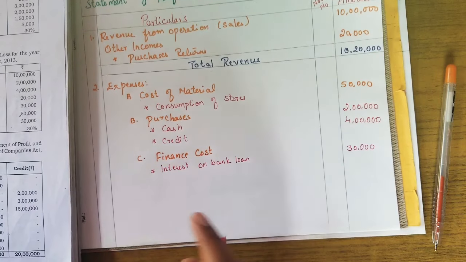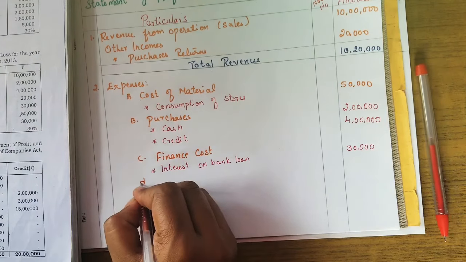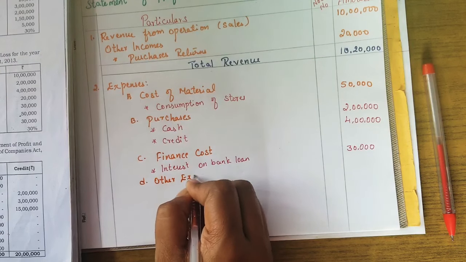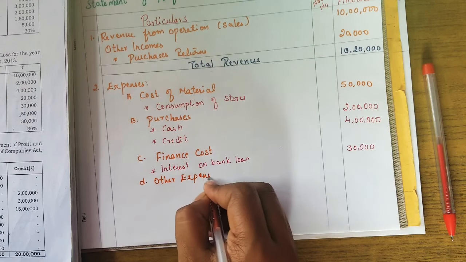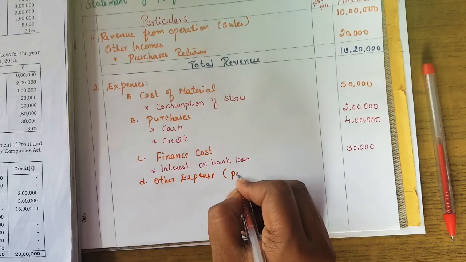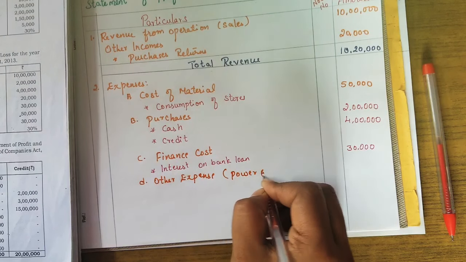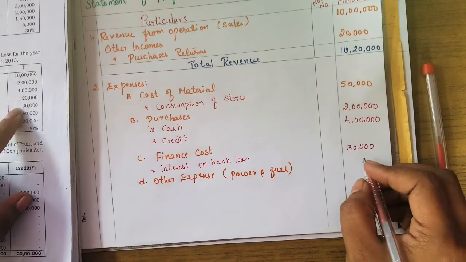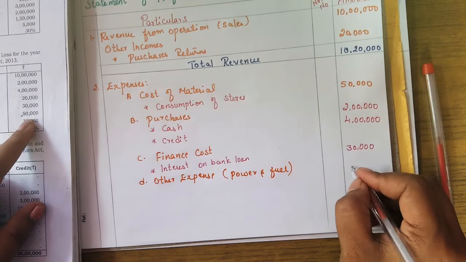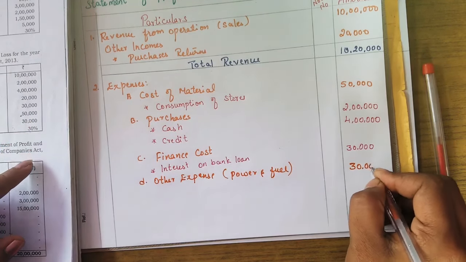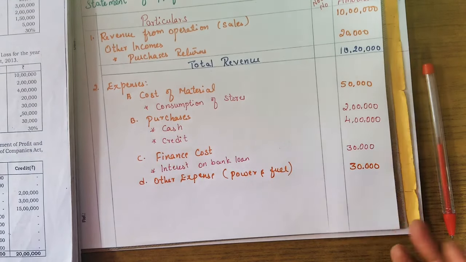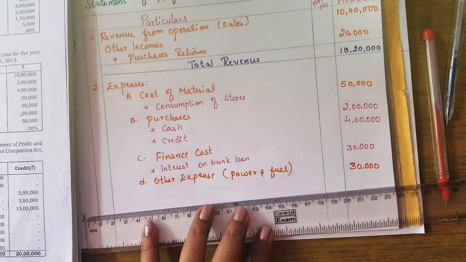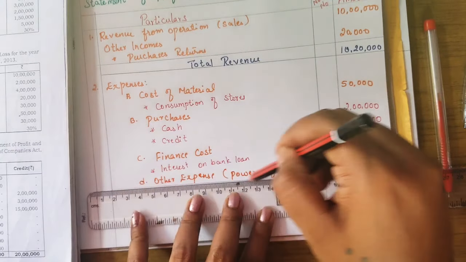Now we have other expenses. Under other expenses, they have given power and fuel, amounting rupees 30,000. Yeah, 30,000. So let's do the total of expenses. What will be the total expenses?